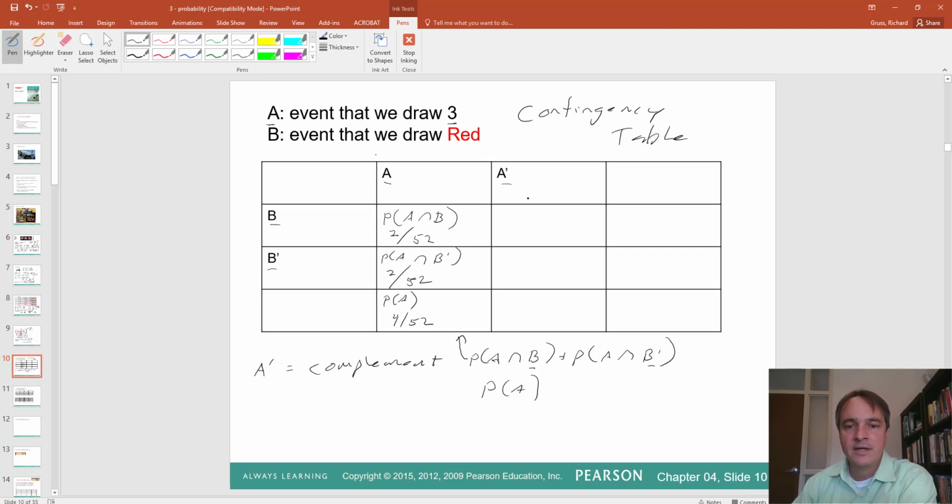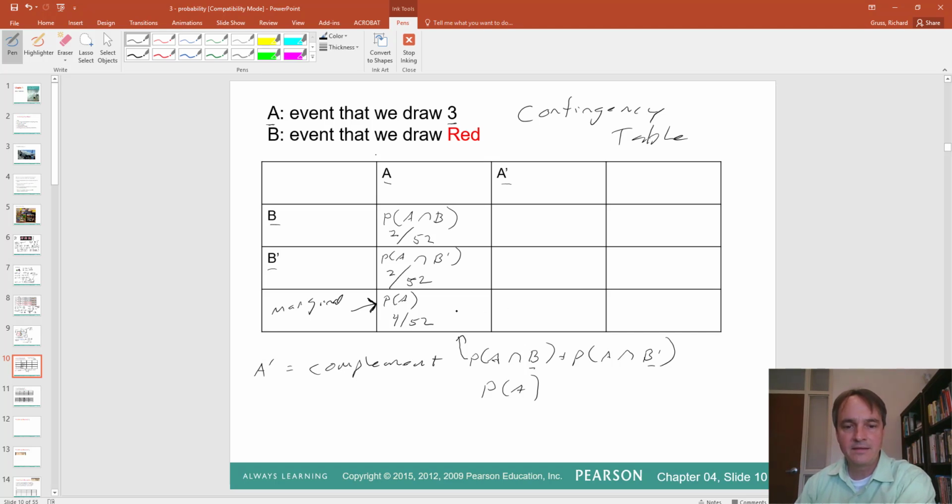Okay, so let's go ahead and fill in the B's now. So remember that when we're dealing with just one particular outcome, one of the events in a joint probability, we call these marginal. And you can think about it this way, that they're in the margin of this table.